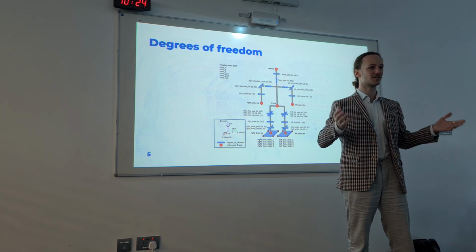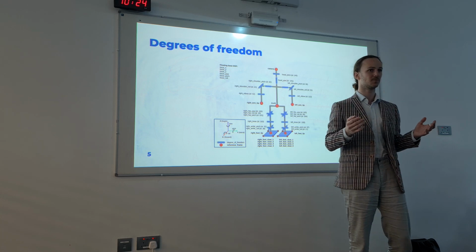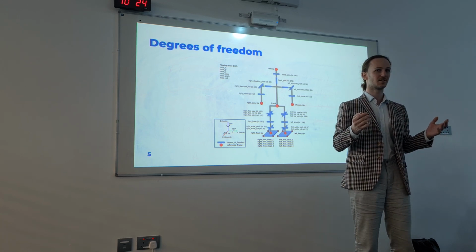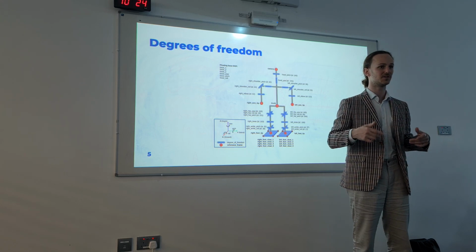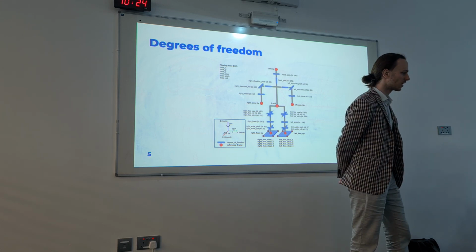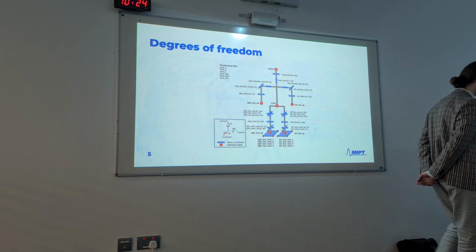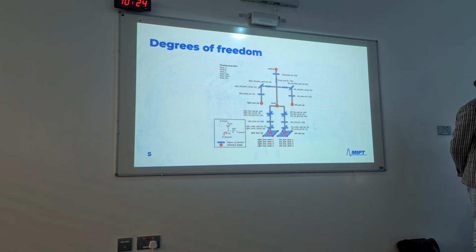So you can recall the degrees of freedom of a rigid body, and you can check that you can do all of that with your feet. So we really need all of these degrees of freedom for the humanoid robots to be adaptive and usable in different scenarios.